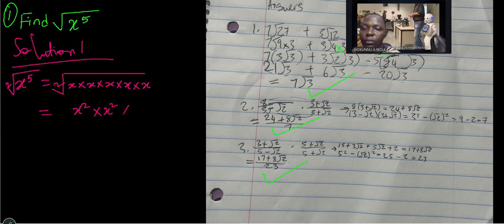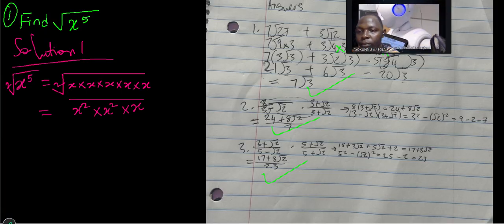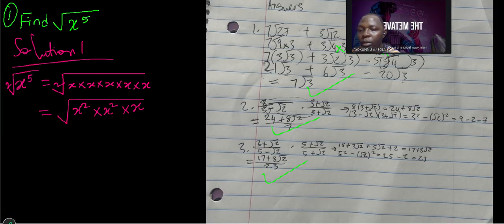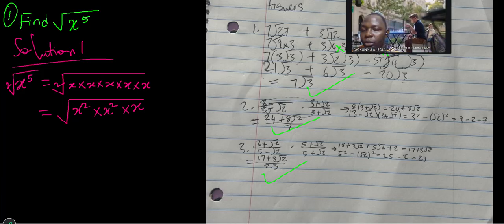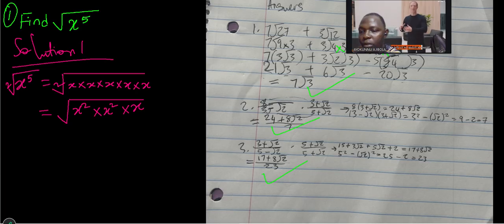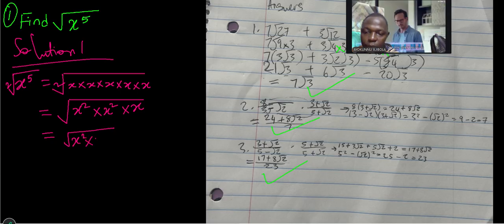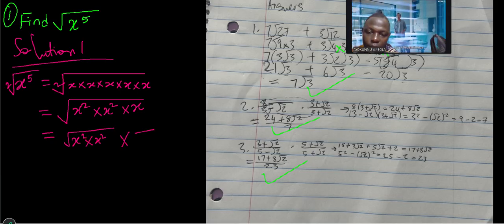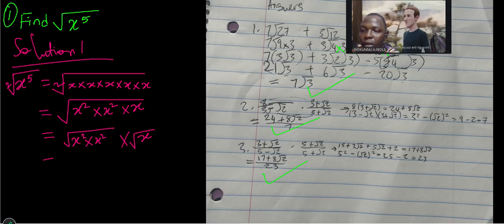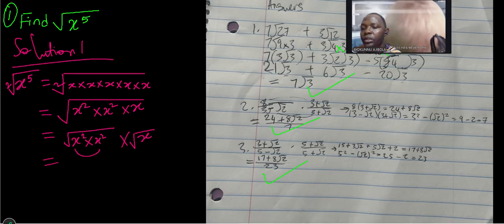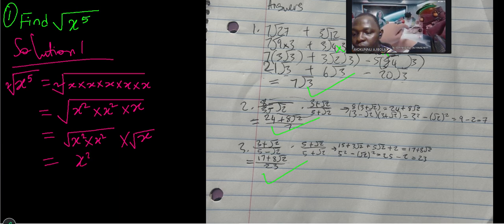So if we split this, we can say this is x squared times x squared, then times root x. And since this is repeated, the answer to this one is x squared, then the last root x. Is that clear? Yeah.